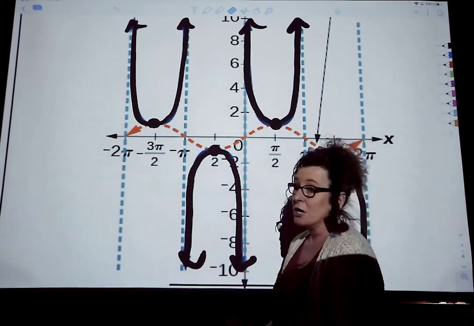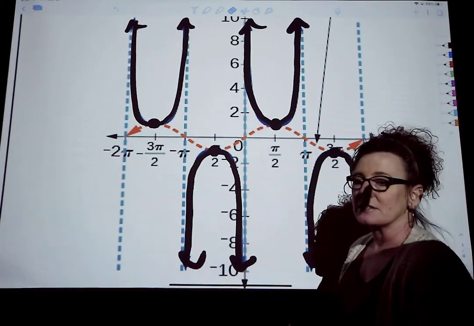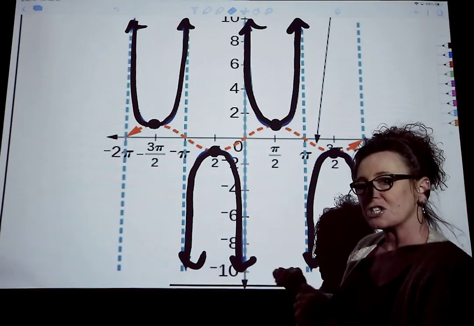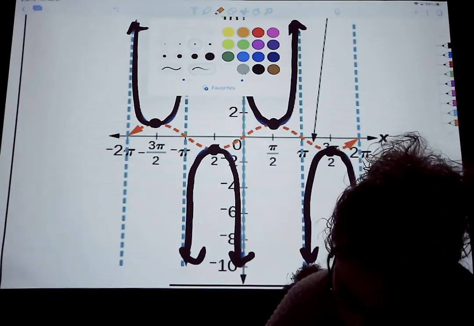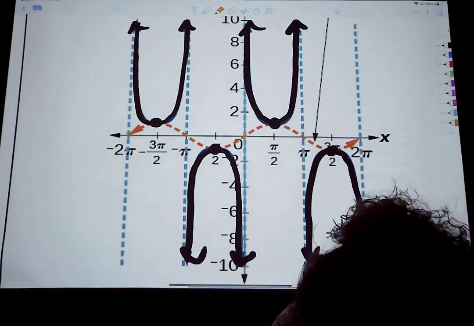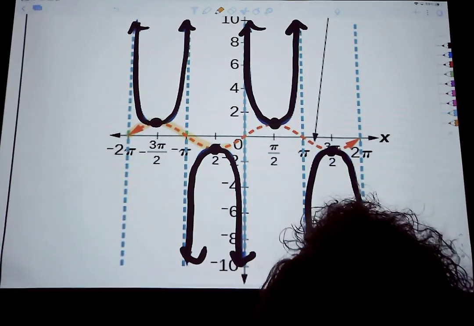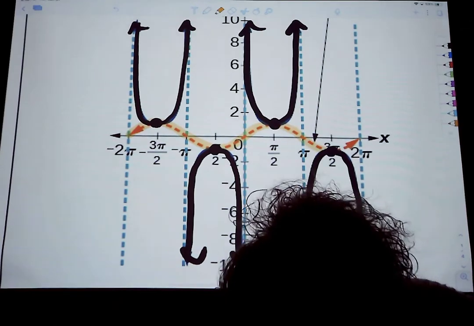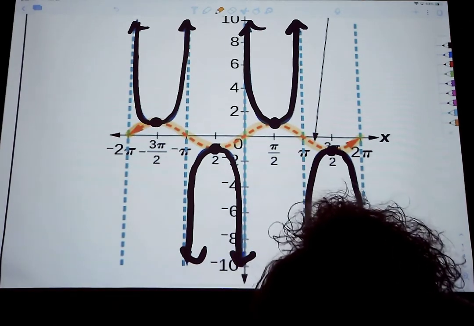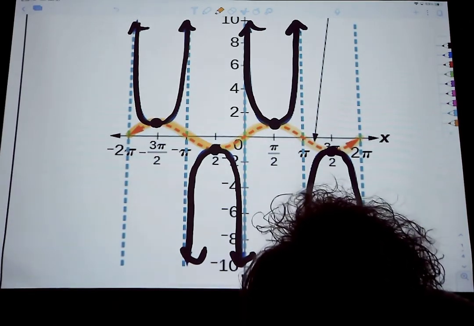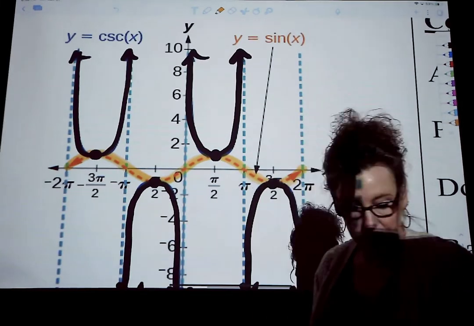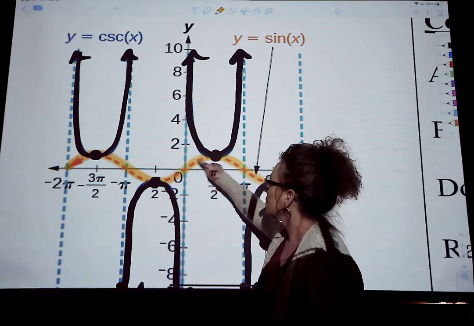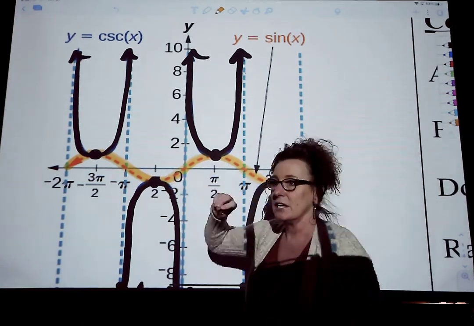Okay, now what I want you to focus on now is the orange sine curve that you see weaving its way through it. So check this out. Now remember, cosecant is just sine upside down. So, this orange graph is your sine curve.